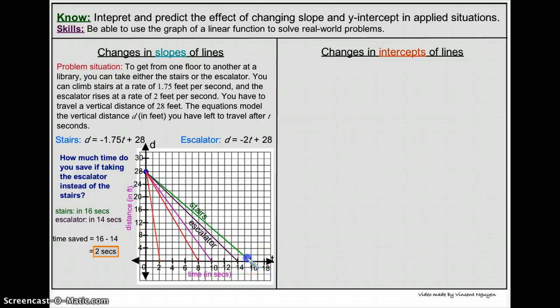Taking the stairs, we arrive in 16 seconds. If we take the first new high-speed escalator, we save 6 seconds, the difference between the x-intercepts. If we crank it up even faster, we save 8 seconds. If we crank it up super fast, we would save 14 seconds.